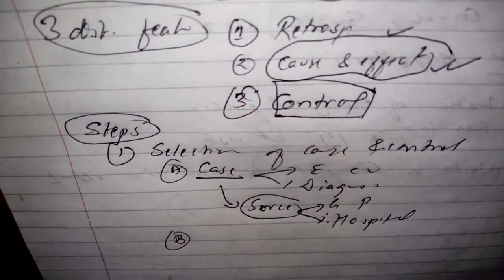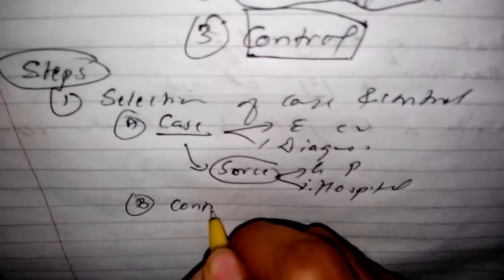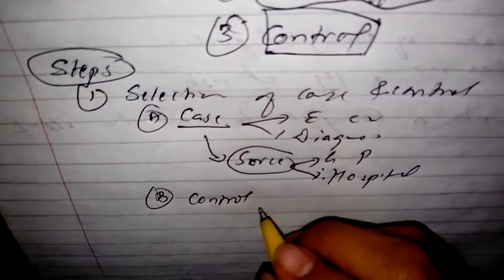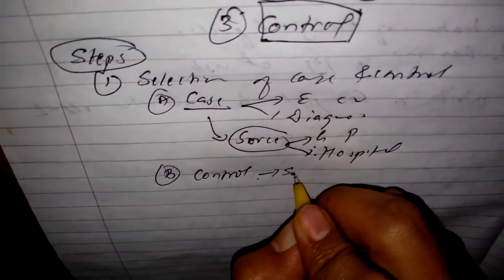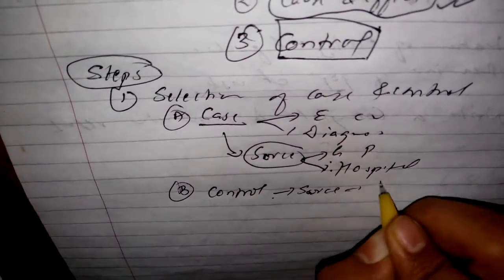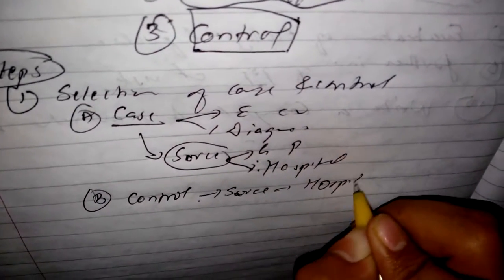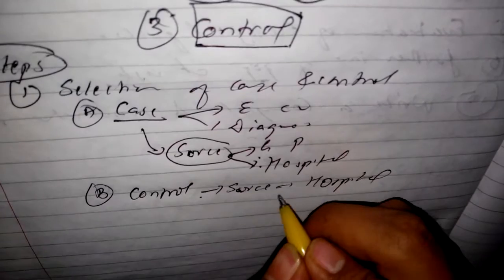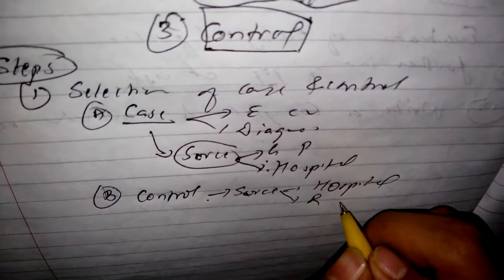Then we go towards control. For control also there should be a source. It can be the hospital, from where we gather some controls, or relatives of the diseased person.